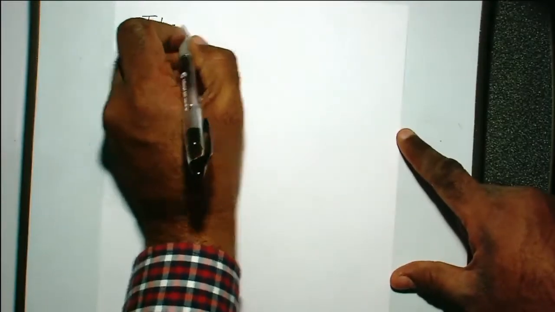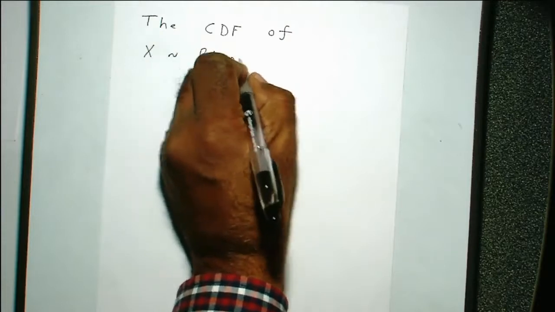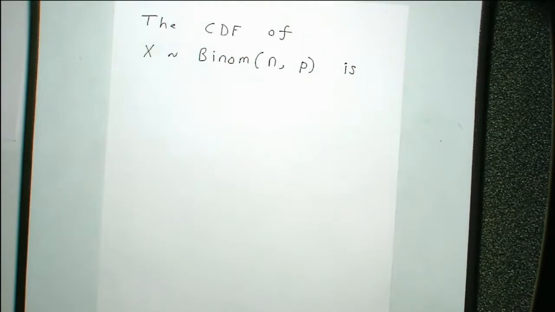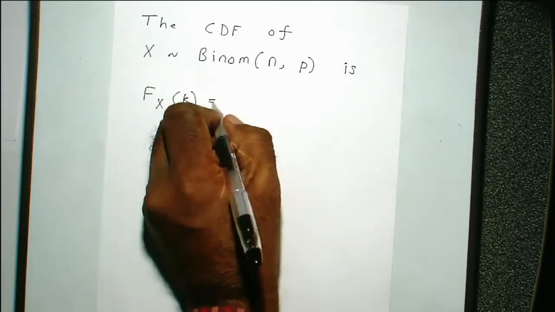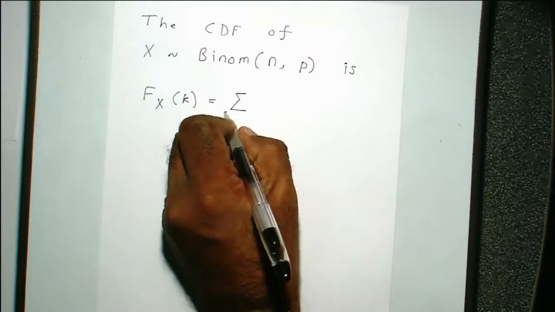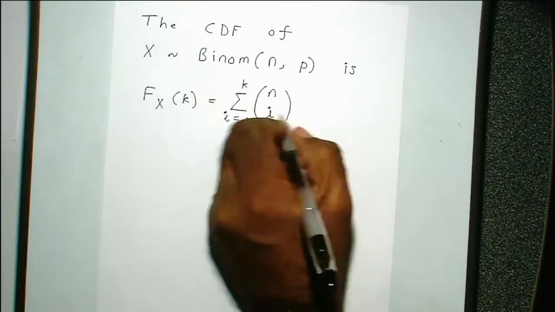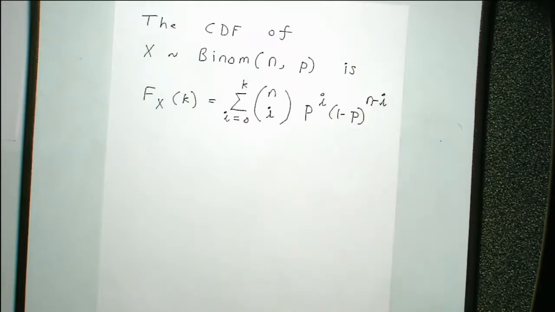Okay, so the next one. The CDF of a binomial random variable is given by the following. All right, this is the CDF, right?